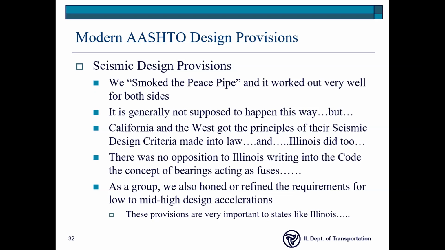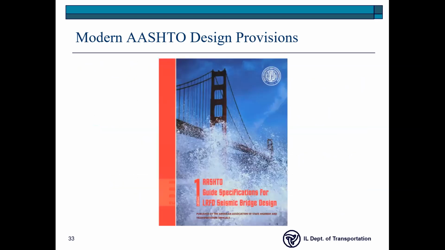Also, one of the things we got our way on in the code was our concept of our bearings fusing and being sacrificial. So in the end, it all turned out really great. We fought for like 5 or 6 years, and in the end we were all friends after the war was over, and everybody got what they wanted and was happy.